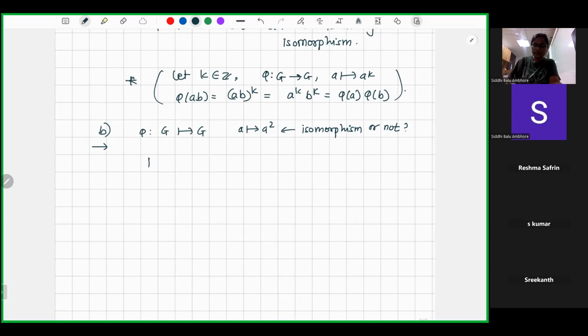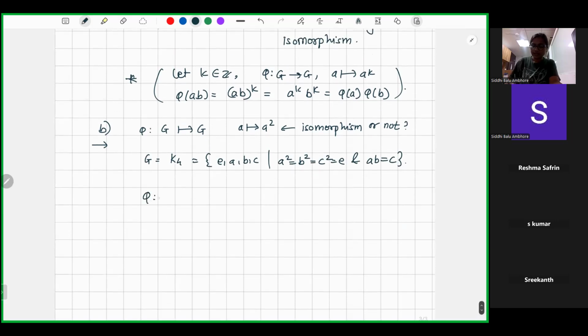So we can take simply G equal to K4. I hope you know this group: e, a, b, c such that a square, b square, c square is e, and ab is c.